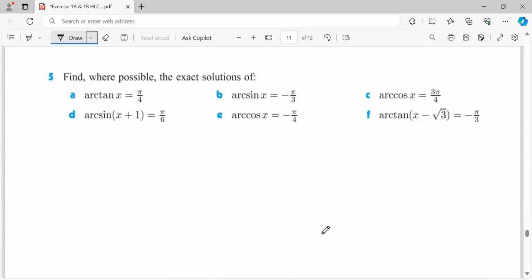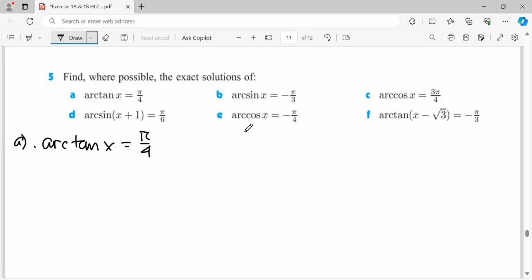5. Find where possible the exact solutions of arc tangent. Okay. Arctangent x equals pi 4. We are going to find the range first.